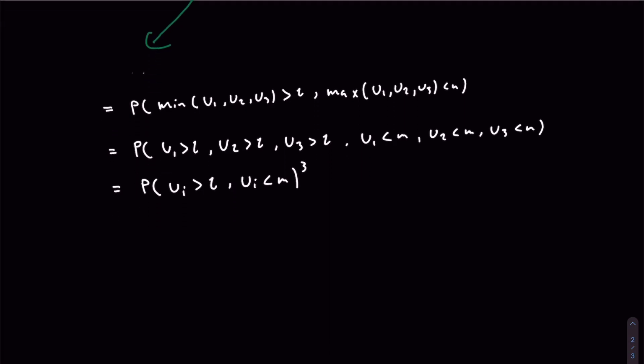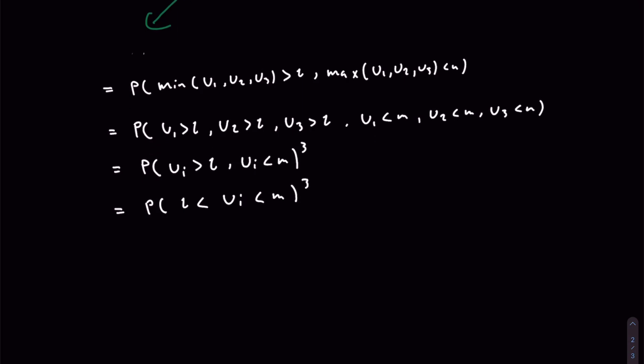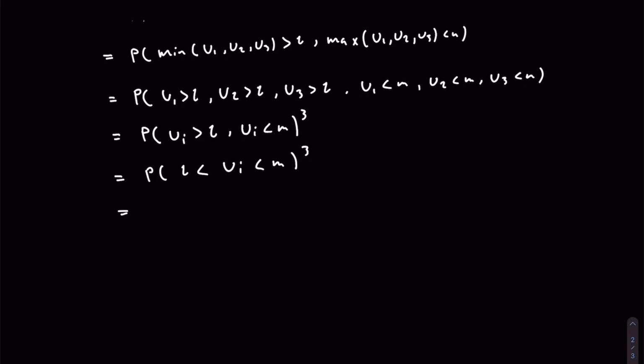Okay, and this is then the same thing as Ui must be less than L and larger than M 3 times. And this is because it's uniform.